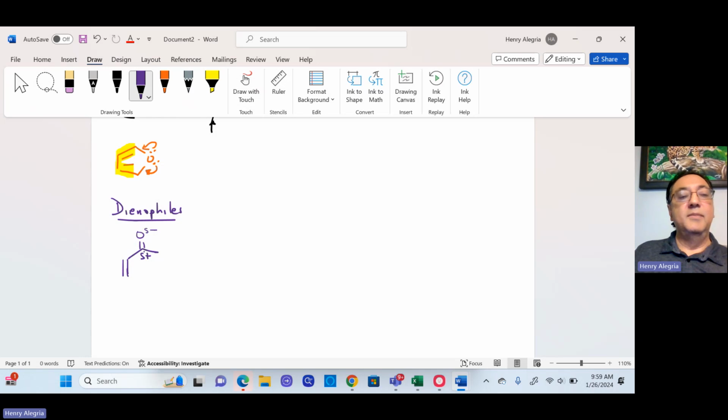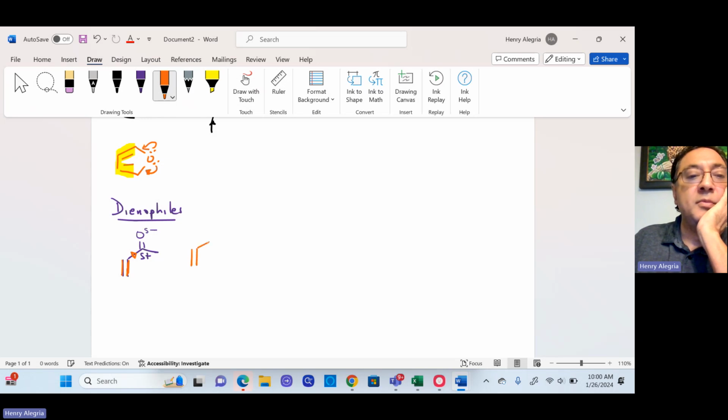So the carbon, because it's getting electron density pulled away from it by the oxygen, tries to compensate for this by in turn pulling electron density from this electron-rich site, and therefore it's going to make that more electron poor. So anything that has a carbonyl right there at that position is going to work.